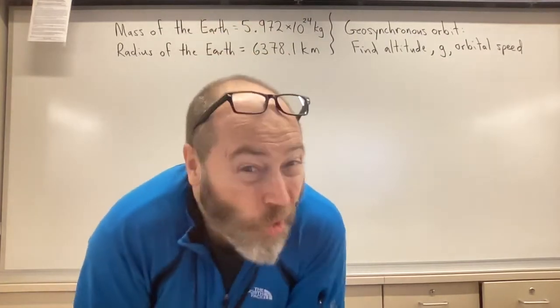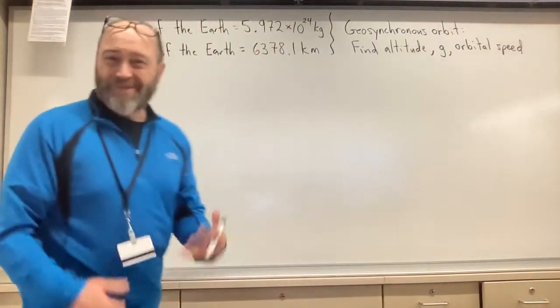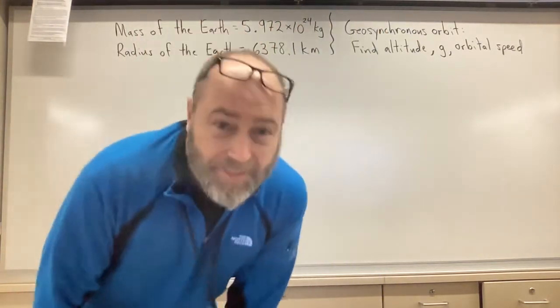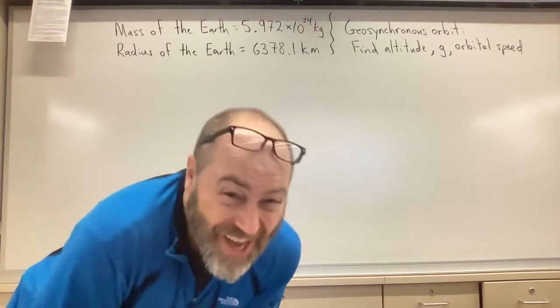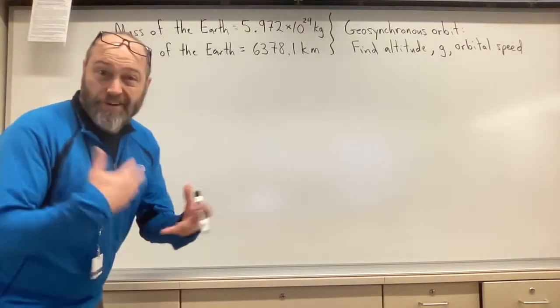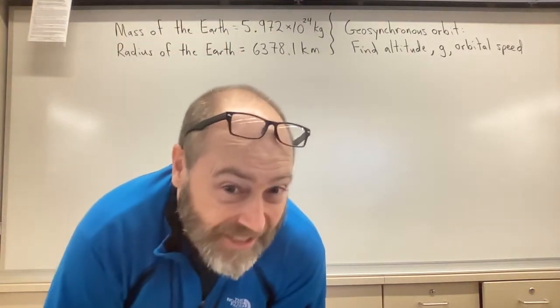We are going to do an orbit problem, which is really just circular motion with some bigger numbers. Geosynchronous orbits are super important for things like GPS satellites and military satellites.